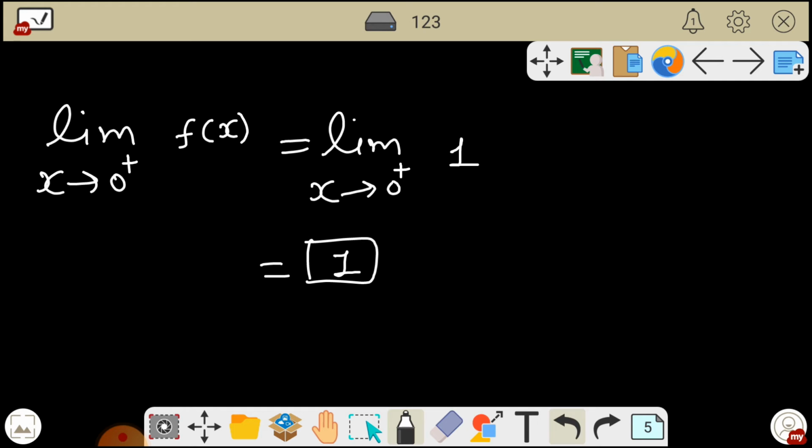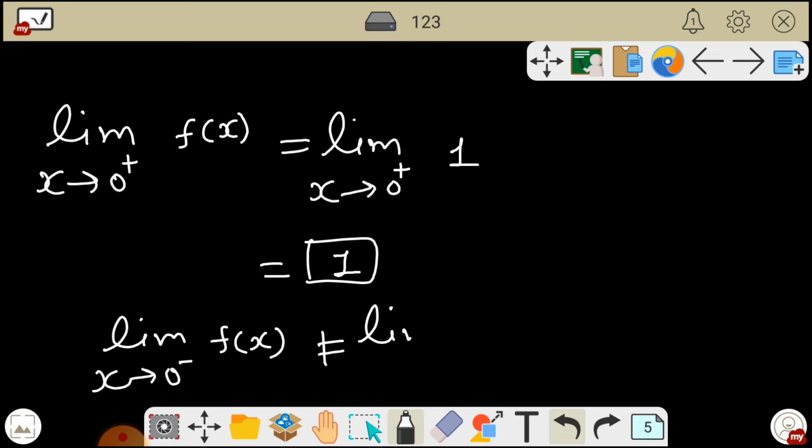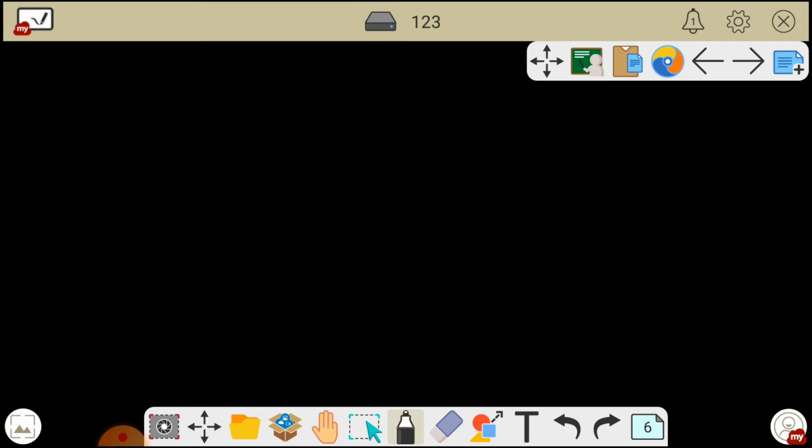So here, limit x tends to 0 minus f of x is not equal to limit x tends to 0 plus f of x. That's why we can say that the function is not continuous at x equals 0.